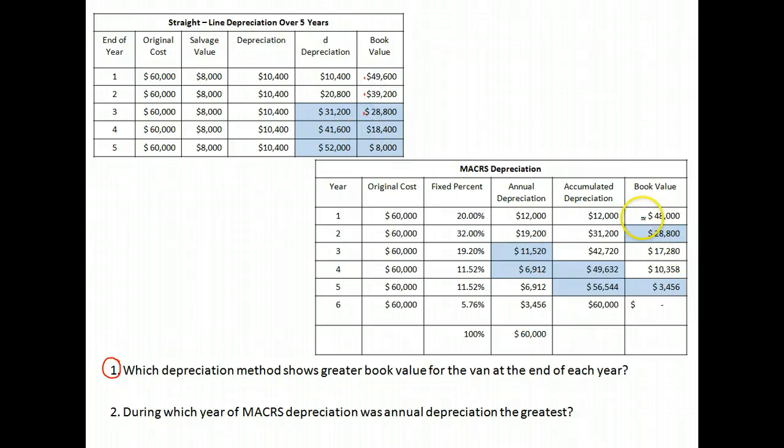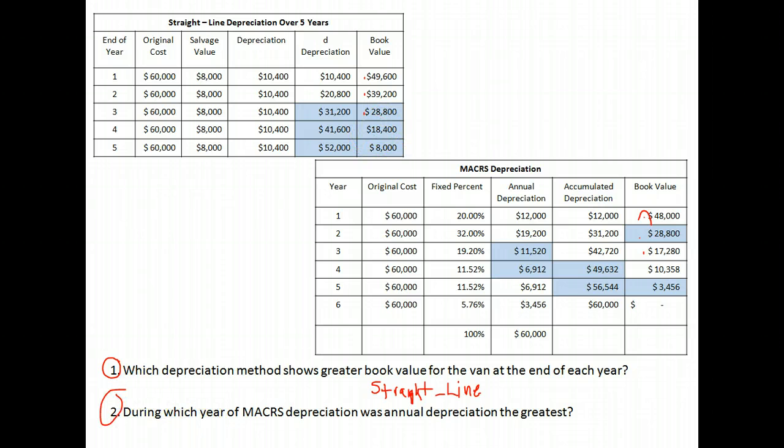Okay. This one, on the other hand, the first year it's dropped in value down to 48,000. The second year it's clear down to 28,000. The third year 17. So notice this one is decreasing in value faster. So the straight line depreciation has it keeping a higher value at the end of each year.